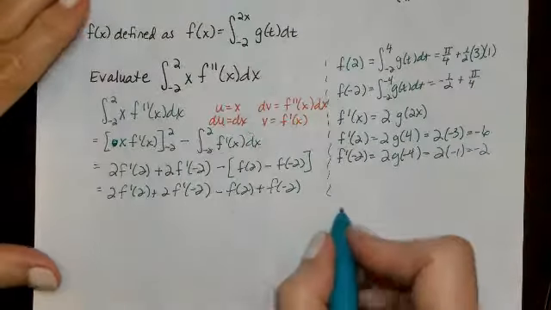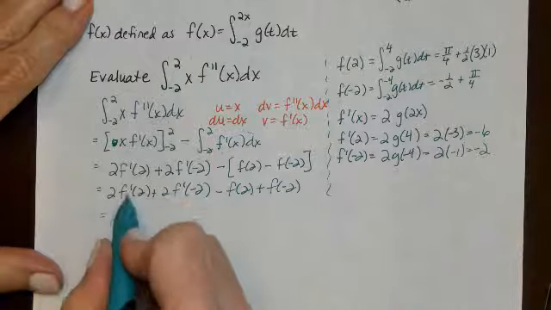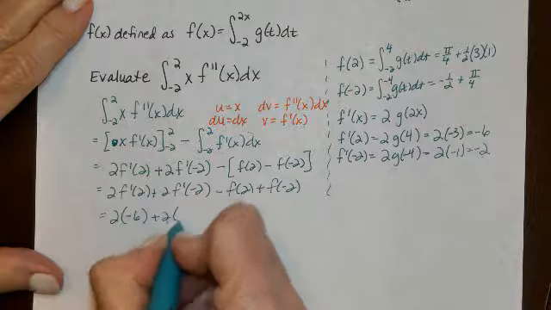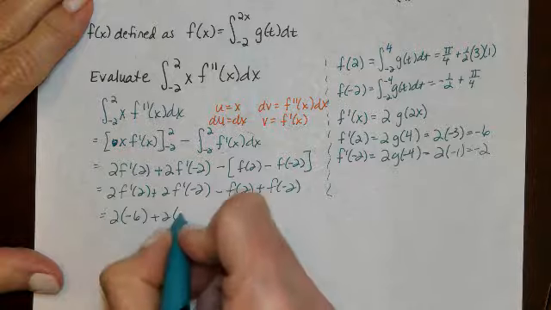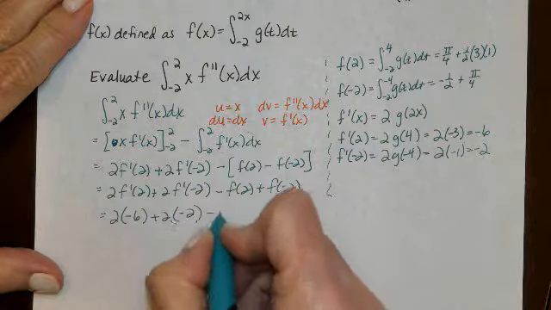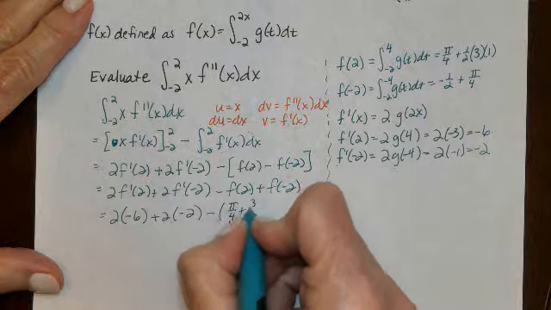So if we come back here and replace everything, this will be 2 times f prime of 2, which is negative 6. F prime of negative 2 is negative 2. F of 2 is pi over 4 plus 3/2.